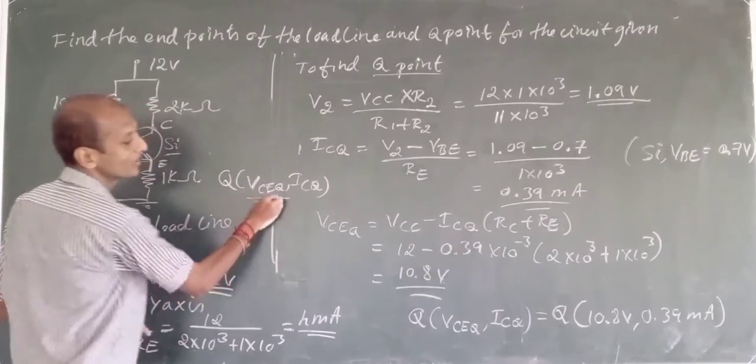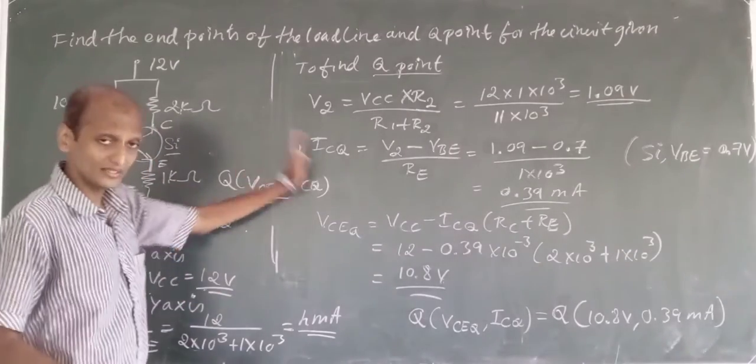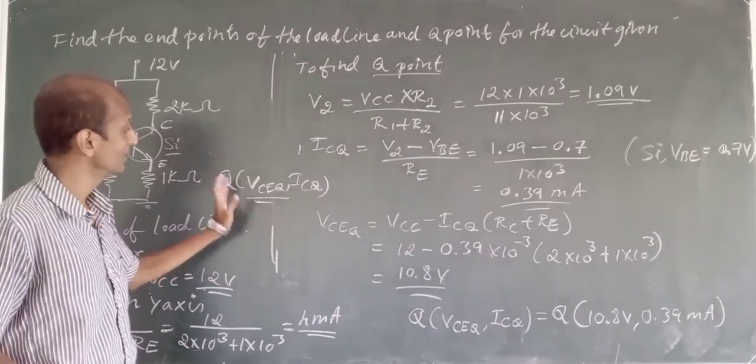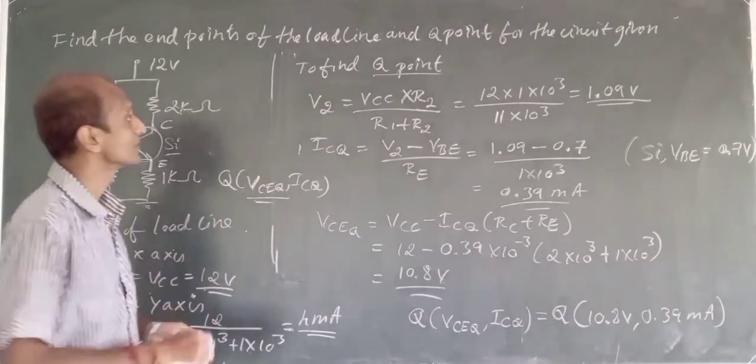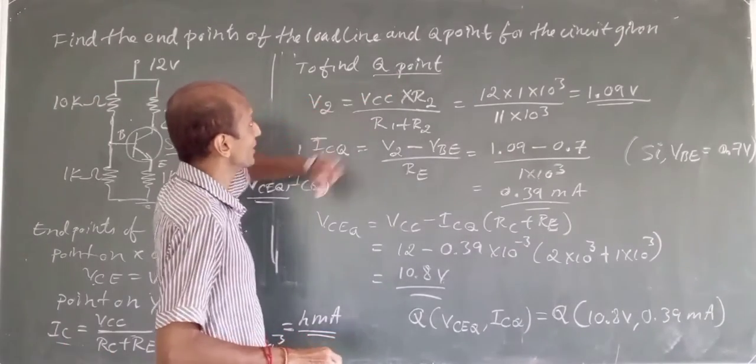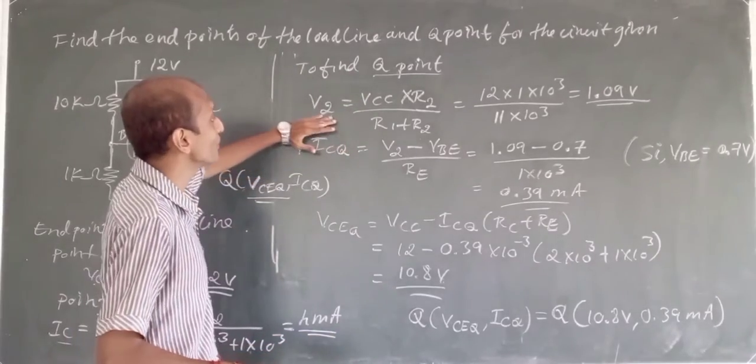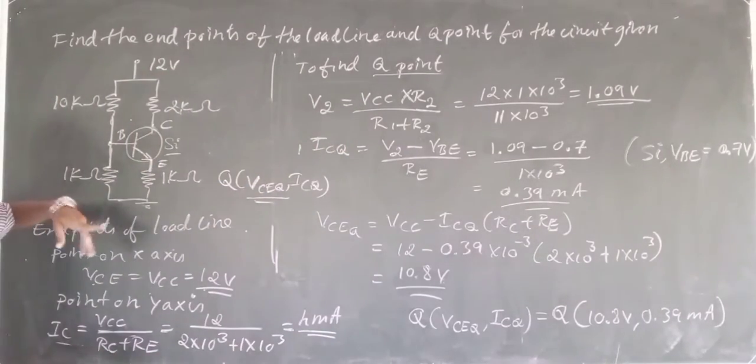So this is very important. The second part of this problem is to find the coordinates. Okay. Yes. So now to find the coordinates, we know that first we should start with what?